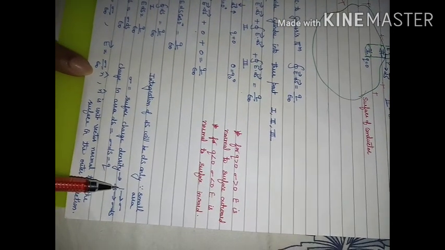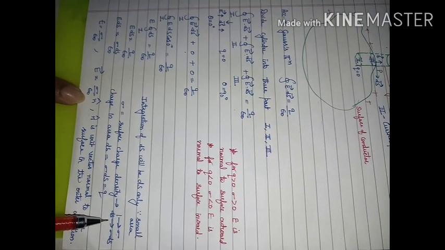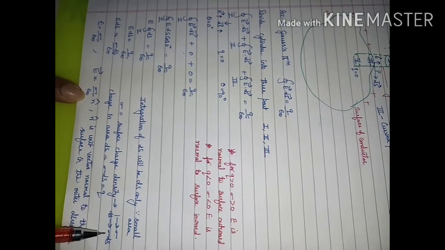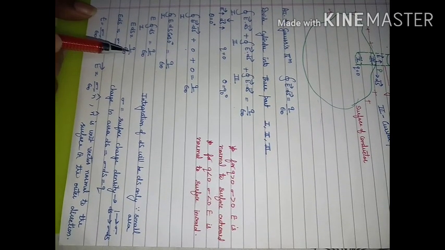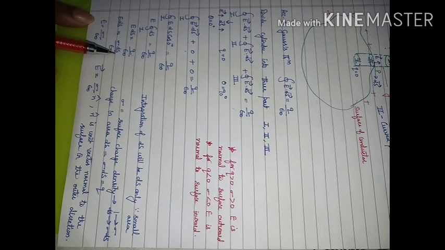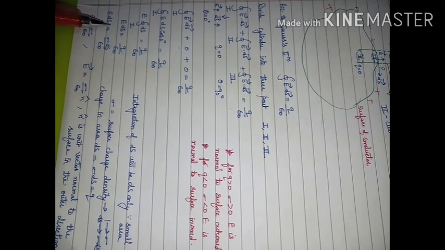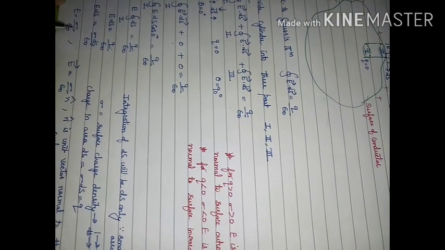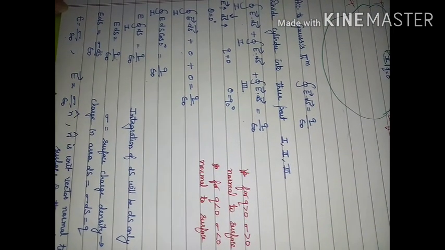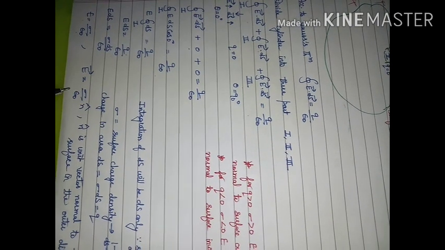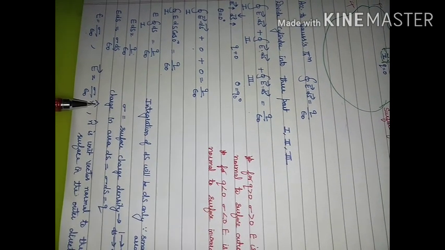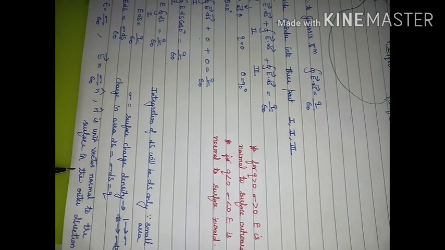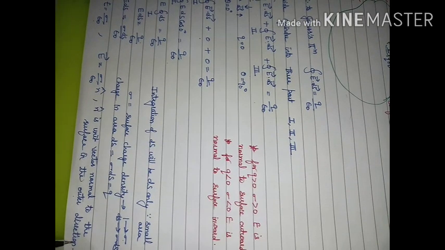If area is unity, charge is sigma. How much area have we considered? ds. So in ds area, how much charge will we have? Sigma ds. So in place of this q, we put sigma ds, and this ds will get cancelled. So the electric field value on the surface will be sigma upon epsilon naught, and in vector notation, it will be sigma upon epsilon naught n cap. N cap means a unit vector that is normal to the surface pointing in the outward direction.